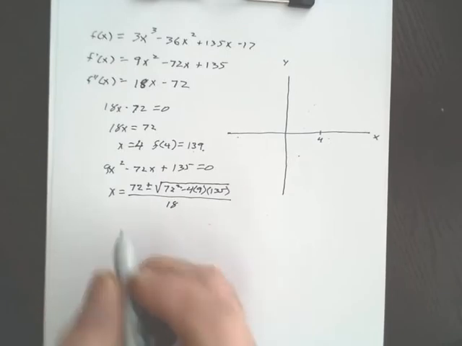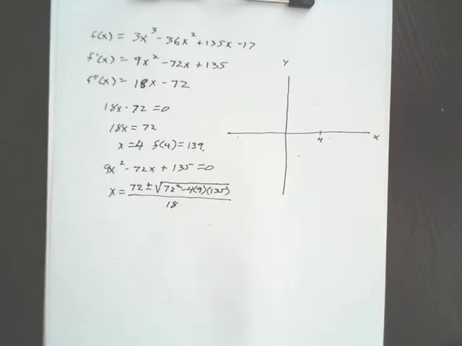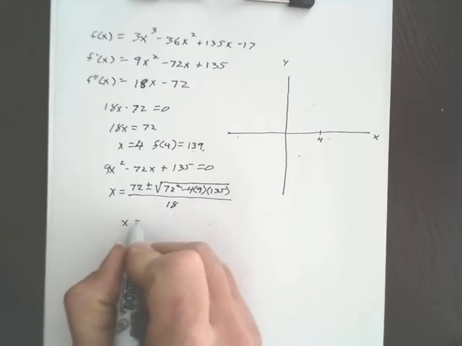So let us calculate x then. That is 72 plus the square root of 72 squared minus 4 times 9 times 135 equals 90 divided by 18 equals 5.